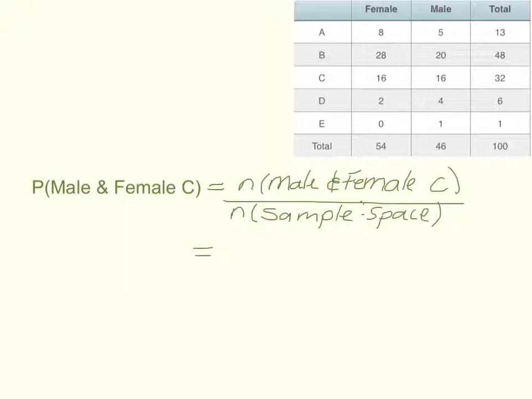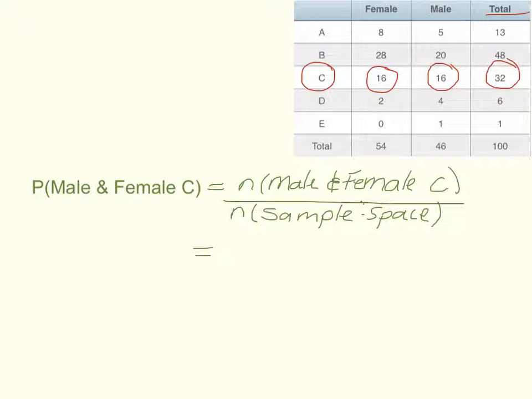So you can get this data two different ways. We need the number of males and females who received a C. So here's my C, and 16 females received a C and 16 males received a C. But also remember, we have our totals column here, and 32 in total.